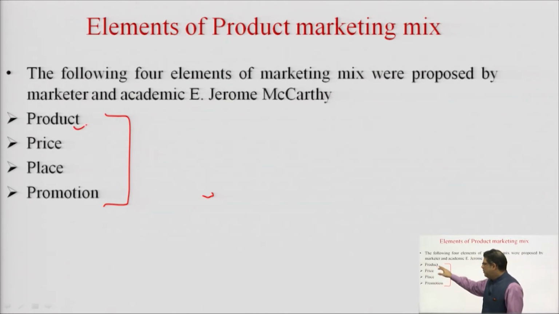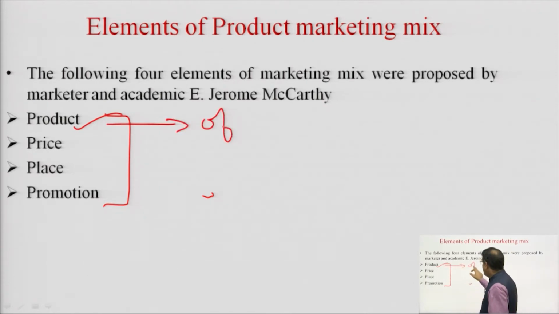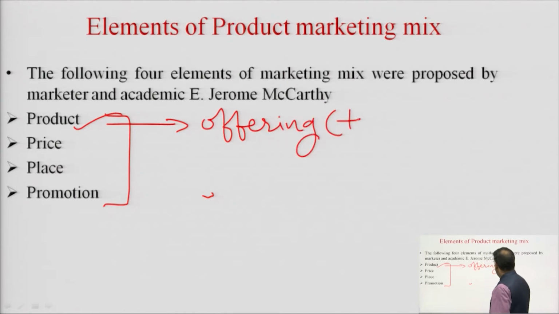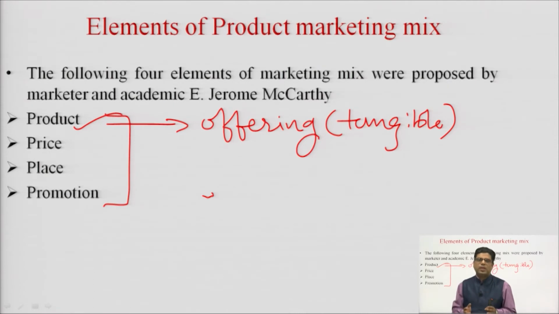The first being product. Product means, here we can say, the offering which is being given to the consumer. So, in case of a product, it is the tangible offering which is being offered to the consumer for a certain decided price. So, when I go and purchase a pen, or a chair, or a laptop or a mobile phone, I am basically buying a product which is a tangible offering, and then some of my need will be satisfied with that product.